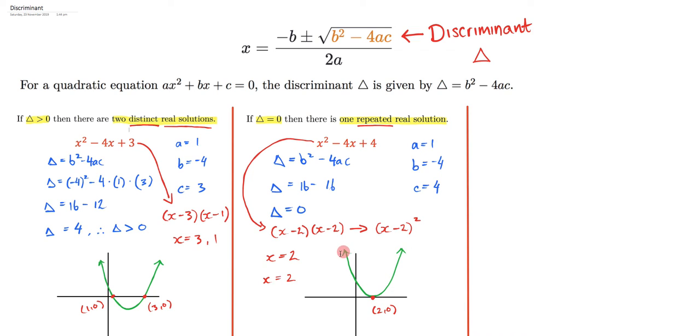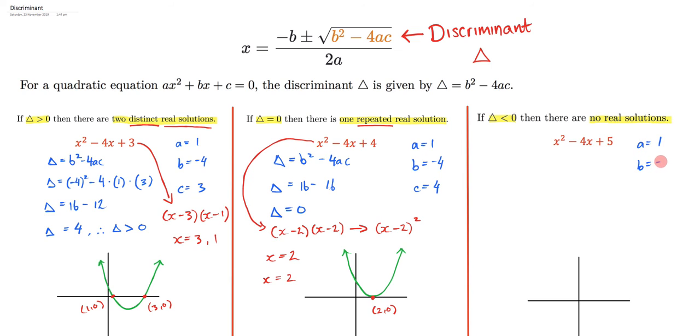Let's now move on to my final question, which is, if my discriminant is less than 0, there are no real solutions. So again, I would do this question by first outlining what my a, b, and c values are. So let me do that really quickly. I then would write out my discriminant.